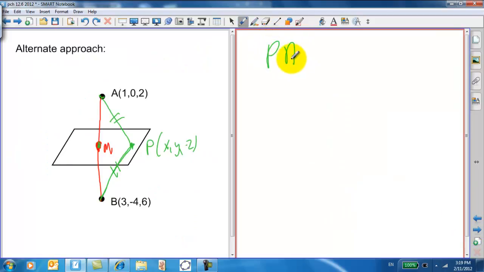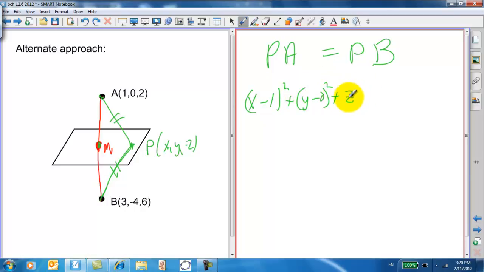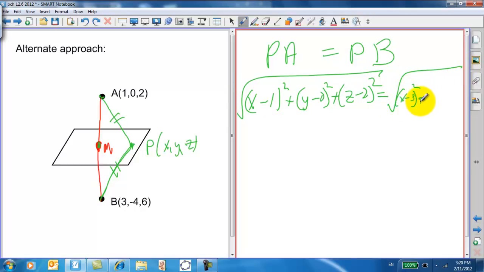So distance PA must equal distance PB. So the square root of x minus 1 squared plus y minus 0 squared plus z minus 2 squared must equal the square root of x minus 3 squared plus y minus negative 4 squared plus z minus 6 squared.